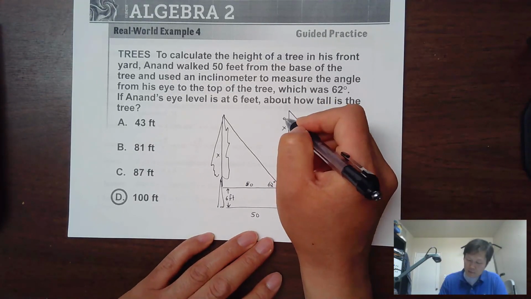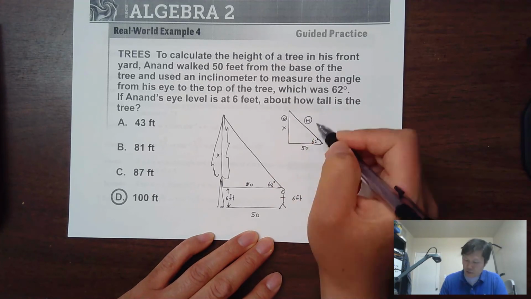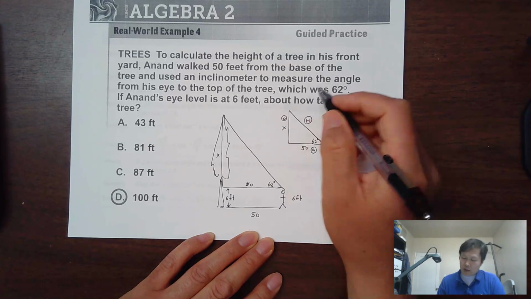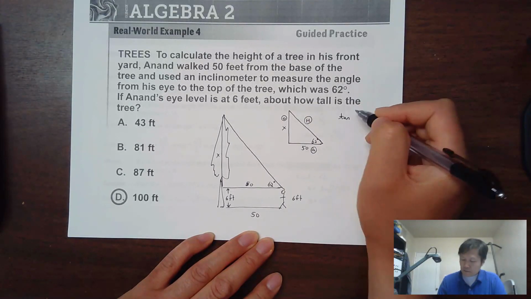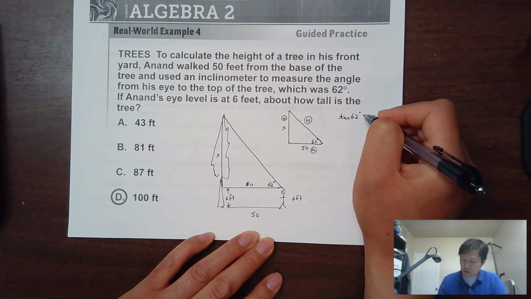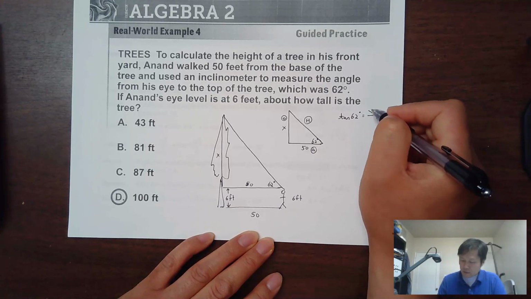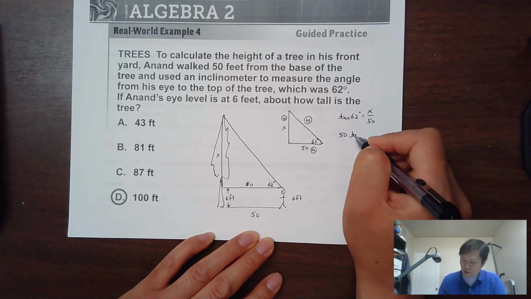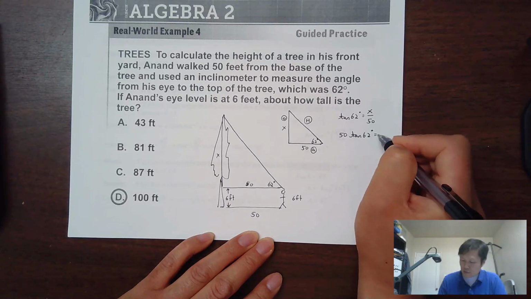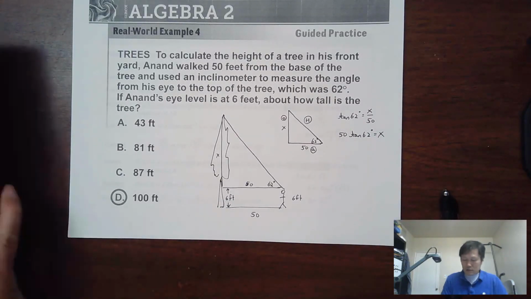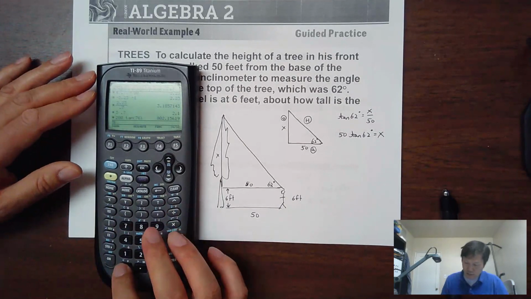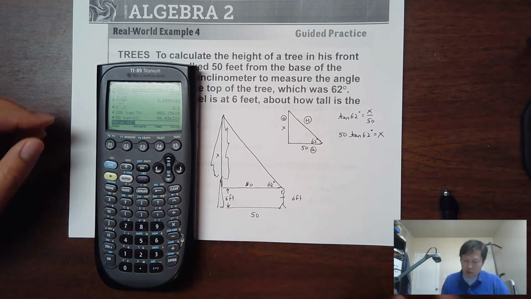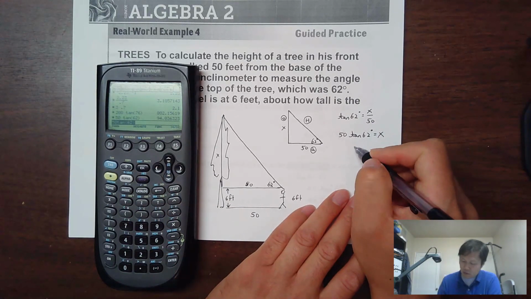So that's going to be opposite, hypotenuse, adjacent. So tangent 62 degrees is equal to x over 50. So 50 times tangent 62 degrees is going to be x. 50 tangent 62 gives you 94.